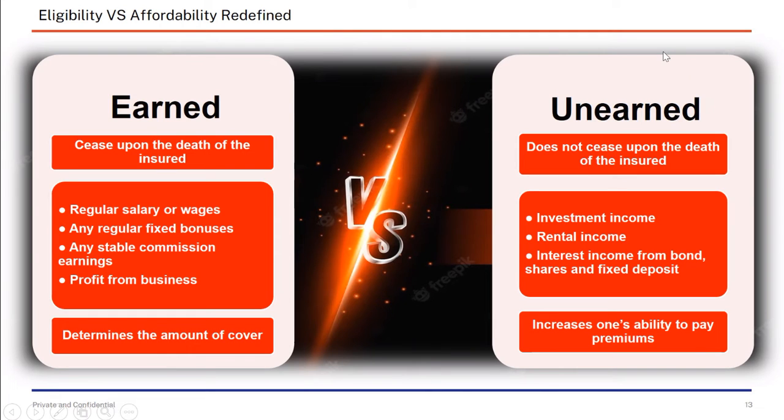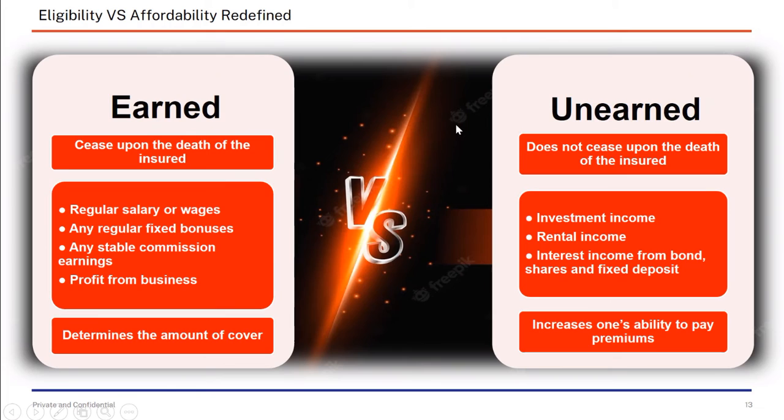So how about the unearned income? Unearned income is the source that continues upon the death of the insured. The unearned income categorized here is either investment income, rental income, or interest income from any securities, fixed deposit or shares. This unearned income will increase one's ability to pay the premium, but it is not used to determine the amount of coverage.